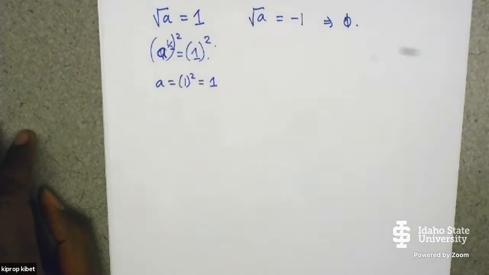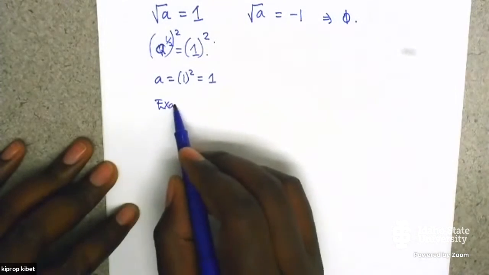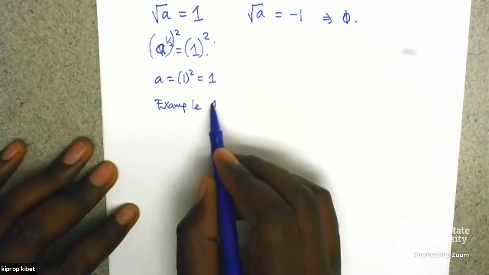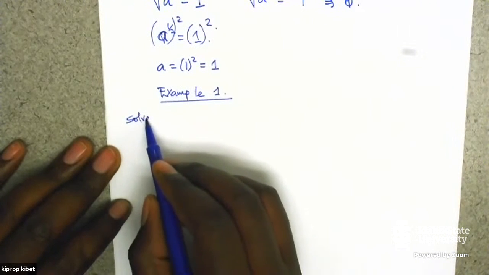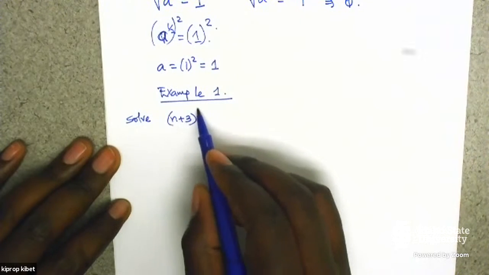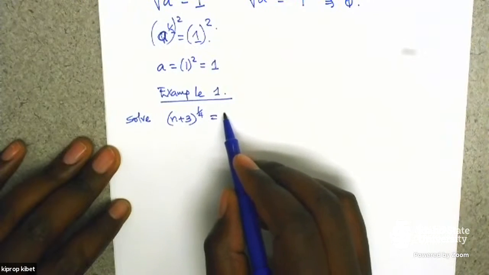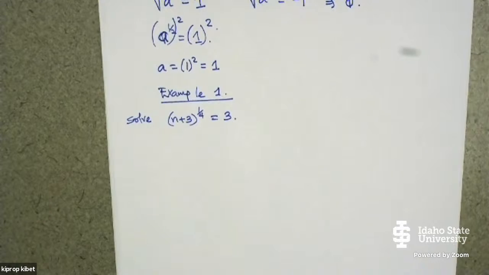Now let's see how we can solve some examples. Let's look at example number 1. n plus 3 raised to 1/4 equals 3.